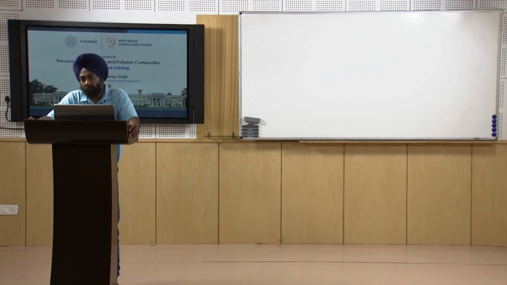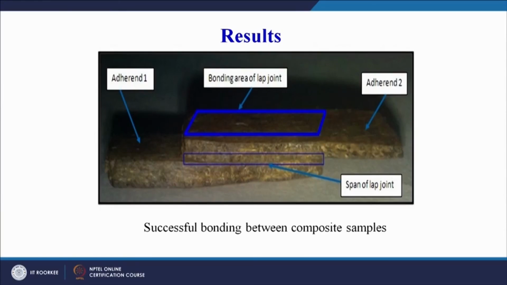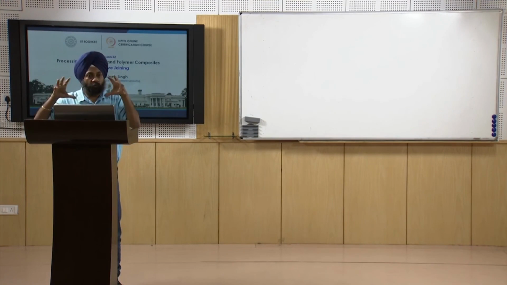We have seen the actual experimental picture of a failed specimen, and currently on your screen you see a successfully joined composite part or a composite assembly in which two adherents were kept together with the application of a Teflon tape, and due to the focused exposure of microwave, we were able to form the joint.